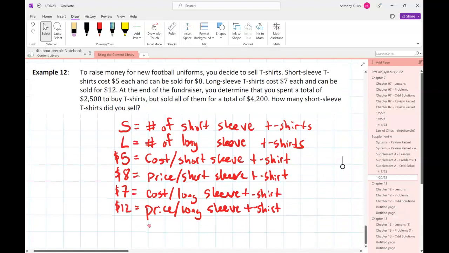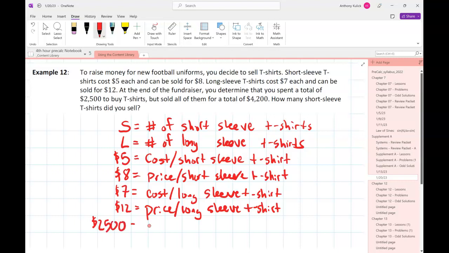Okay. The next number is that 2,500. What is that representing? Total. Okay, total what? Cost of all t-shirts, right?